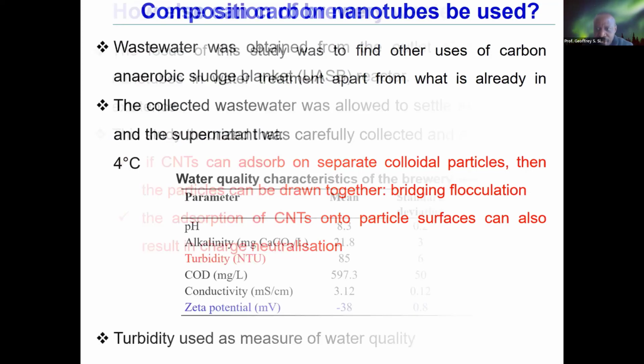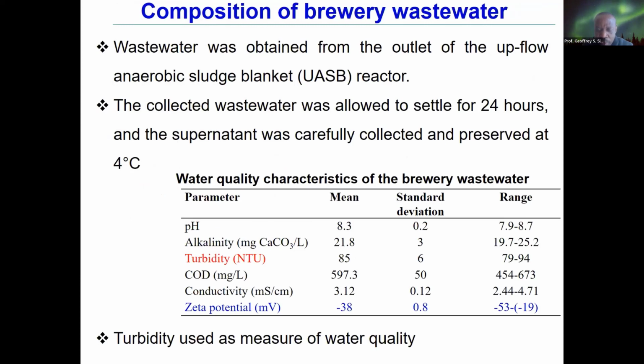In testing these particular theories that I mentioned earlier, we looked at brewery wastewater. And what we see here is that the brewery wastewater itself has a zeta potential which was quite negative. What that means is it contained negatively charged materials.